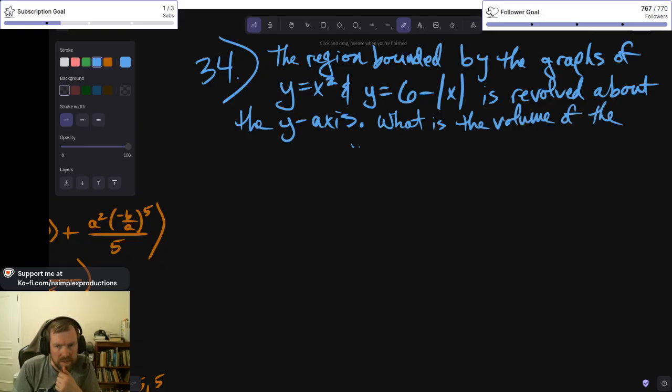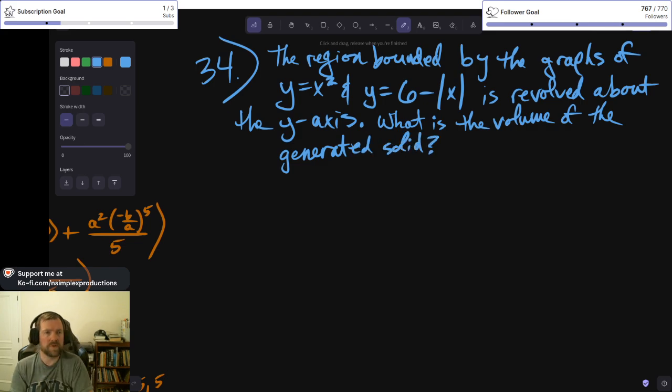What is the volume of the generated solid?